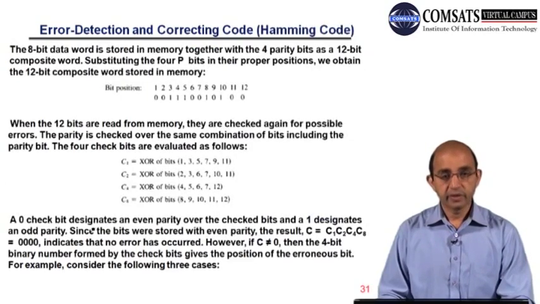A 0 bit indicates an even parity over the check bits, and 1 indicates an odd parity. We have stored the bits using even parity, so that should result in 0 0 0. If we get this, it means there is no error and the data is correct.